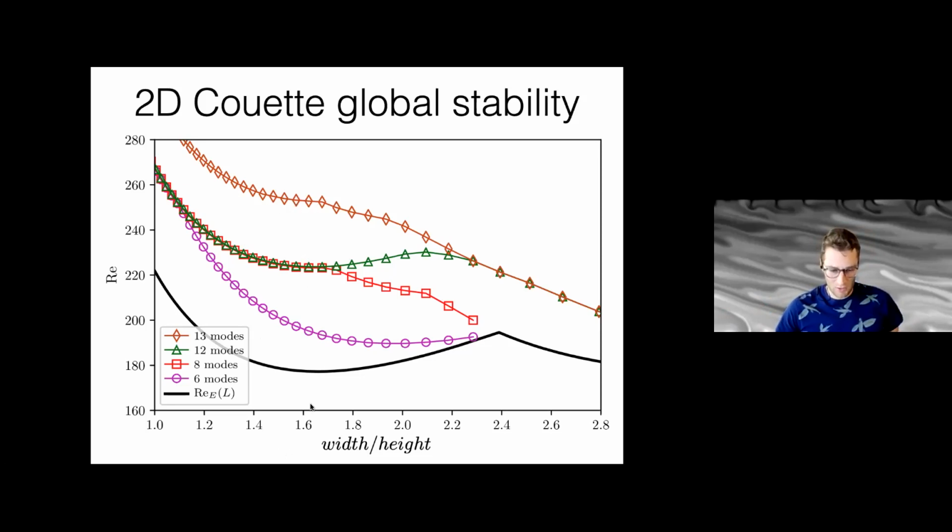And if I go to the domain at which Orr's analysis gives a cutoff of 177 as your critical Reynolds number, now it's more like, let's say about 255. So at a Reynolds number of 255, I'm able to construct this complicated quartic function that I can show is a Lyapunov functional for this system.